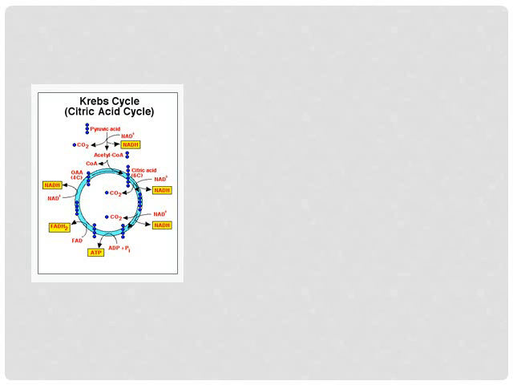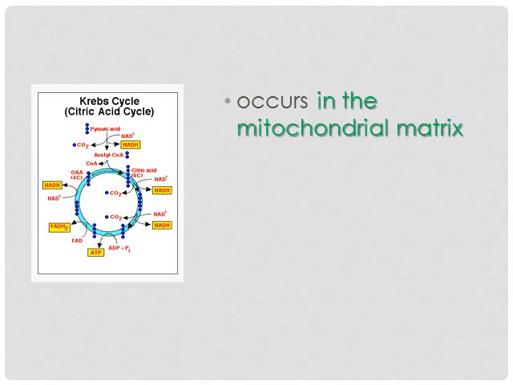So we've got a lot of reducing NAD to NADH, and we've got that other carrier molecule, FAD, being reduced to FADH2. And we're also seeing energy here being given off in the form of ATP, which is being formed by substrate level phosphorylation. So an enzyme catalyzed reaction that doesn't require the electron transport chain.